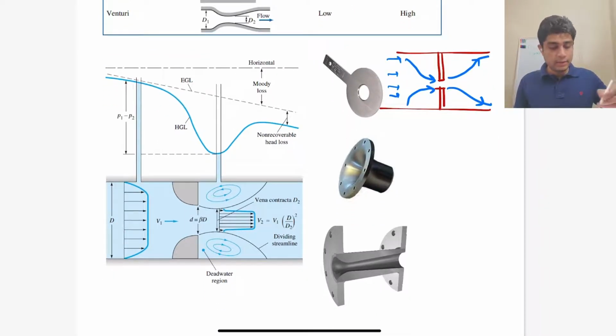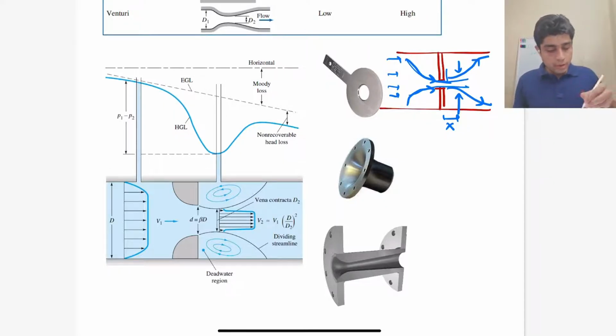because there is something called vena contracta, that is the minimum area of the fluid flow occurs at some distance after the orifice plate, not exactly at the orifice plate, and that's because the fluid streamline cannot bend sharply, and it has to basically curve smoothly.